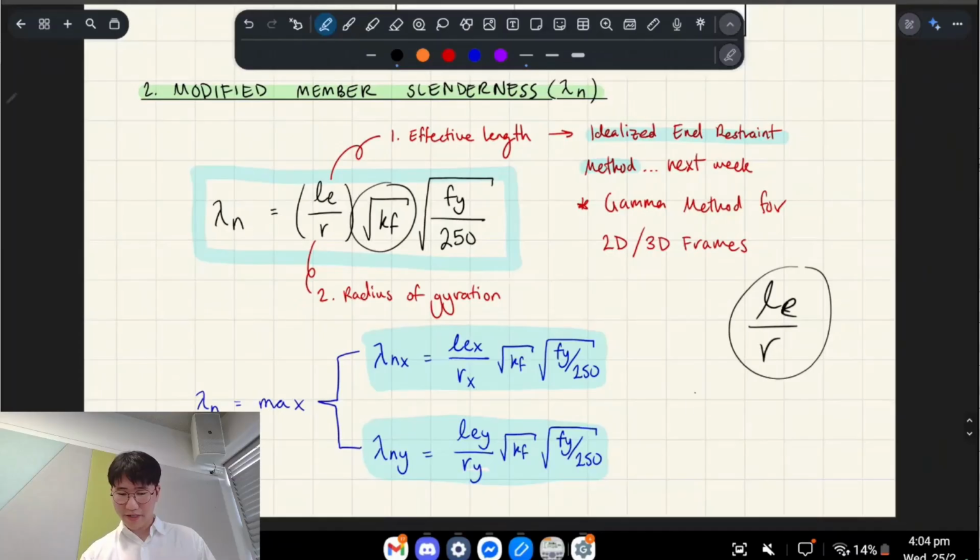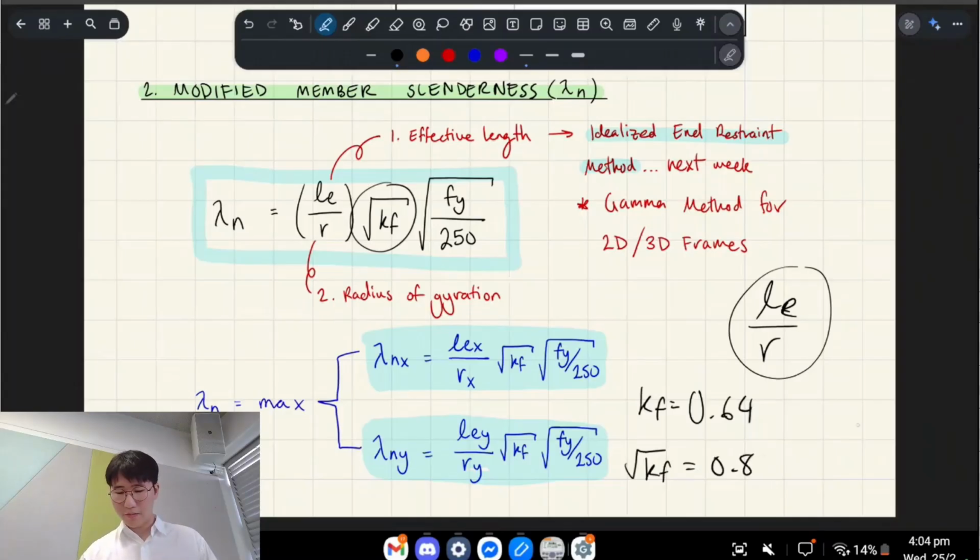So if KF is like 0.8, the square root, I believe, wait, no. Okay, better example. If it's 0.64, your KF, I think the square root is 0.8. 0.8 times 0.8 is 0.64.